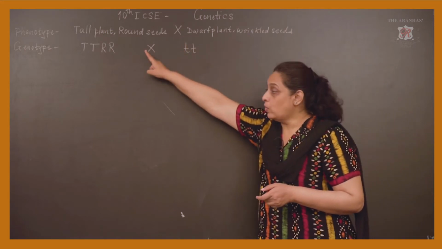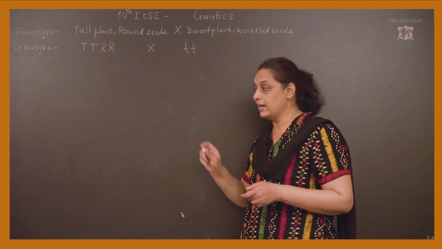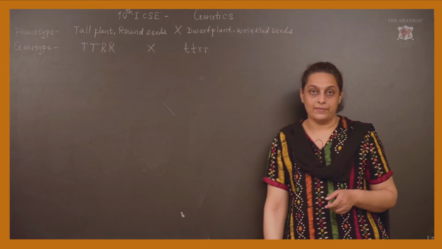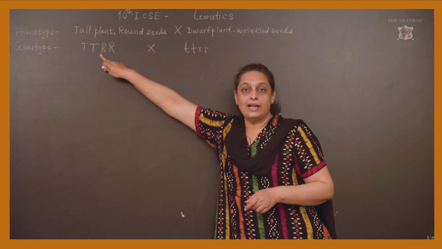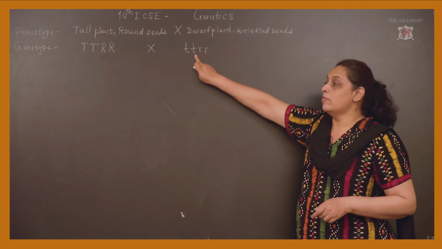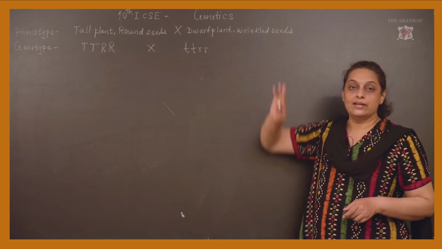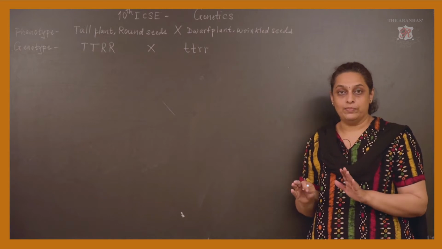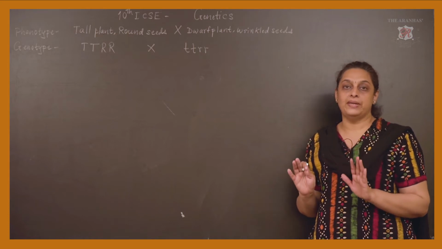So, between round and wrinkled, I have to use small r for wrinkled. So, small r, okay. So, capital T, capital T, capital R, capital R for tall round, and small t, small t, small r, small r for dwarf and wrinkle combination. So, this is how in the genotype there are going to be 4 alphabets for each parent.